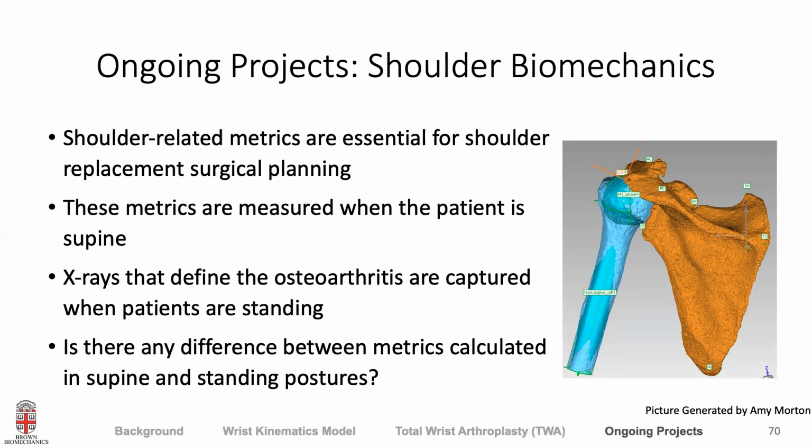But these metrics are measured when the patient is in supine or laying down position. But the literature of the morphology of the joint is based on X-ray images that are captured in a standing posture. So currently I'm planning to use our biplane video radiography system to capture the shoulder in standing posture and evaluate the differences between these metrics when they are captured standing versus when they're captured in supine position.